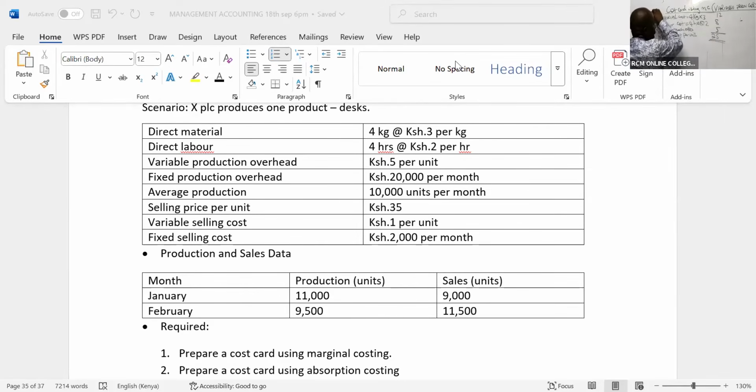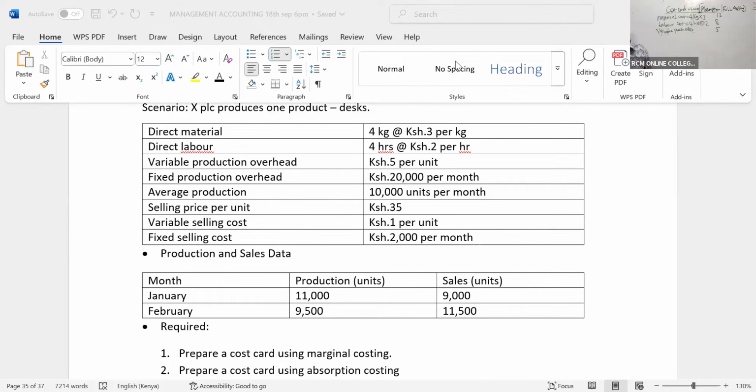So number 2, I'm doing a cost card this time round using what we call absorption. Remember, your examiner at times will use different words. Instead of using absorption, your examiner can easily use full costing. Under full costing, we shall consider variable production cost and the fixed production cost.